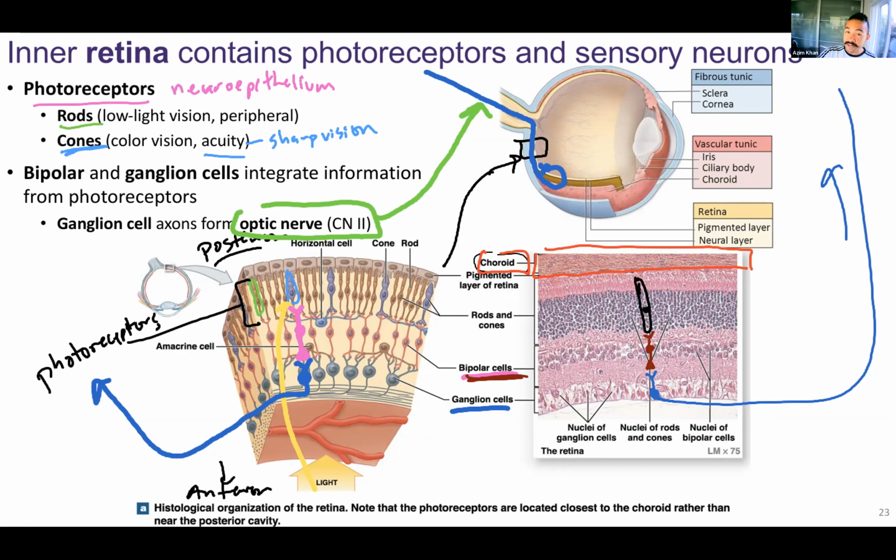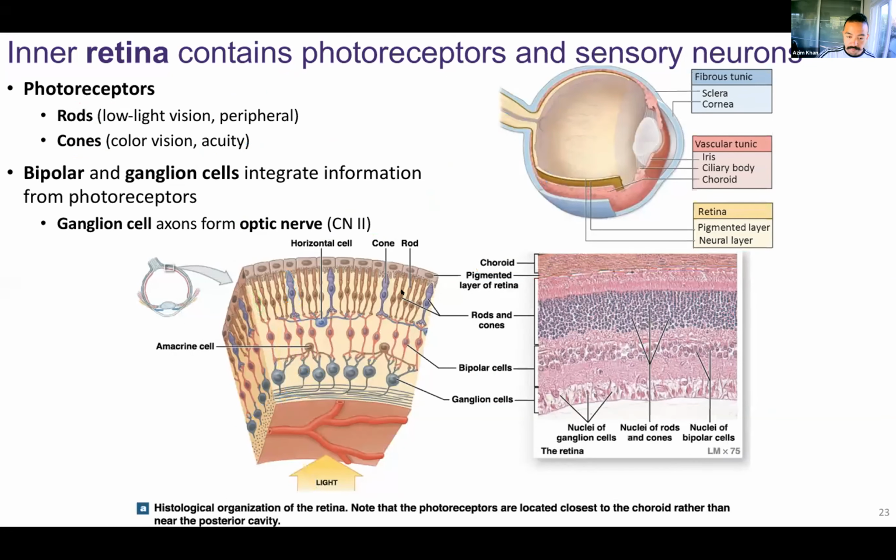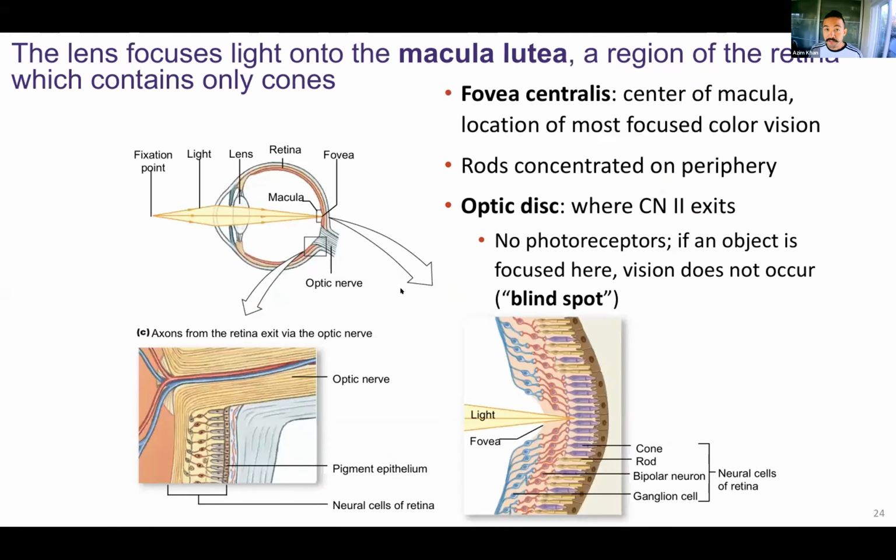So this is all found in the retina. More about the retina. I said that there's peripheral vision and then high acuity focused vision. When you look directly at something, so here's your fixation point, light bends a little bit, refracts a little bit thanks to the cornea, but your lens will refract the light even more so that you focus it on a single point.